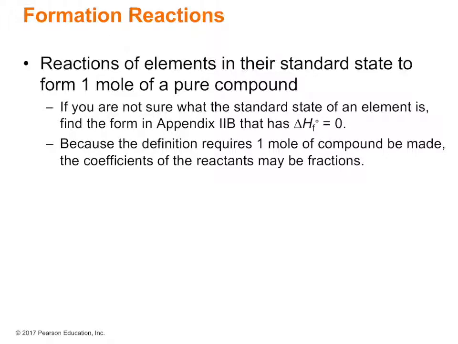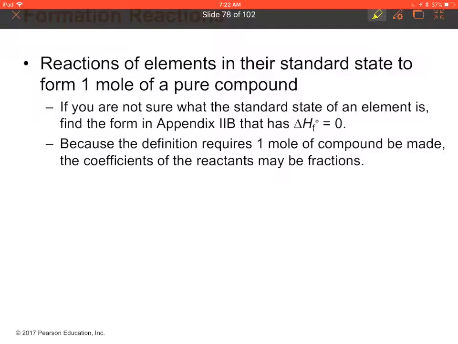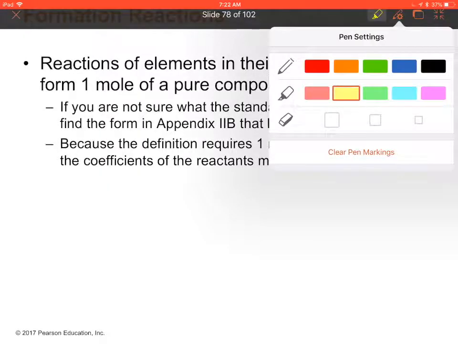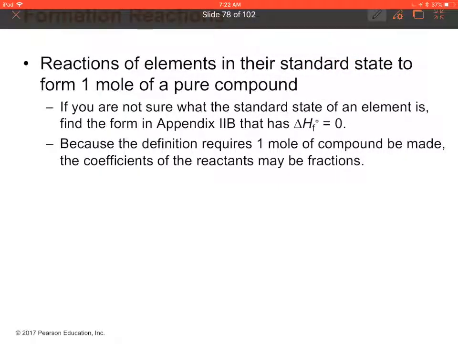For example, consider the standard enthalpy of formation of methane gas at 25 degrees Celsius. It would be this: you have carbon, plus hydrogen, 2H2 gas, and that yields CH4.